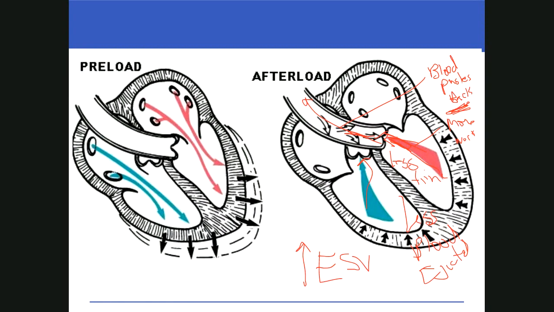What's the equation for stroke volume? Stroke volume equals what? EDV minus ESV. So what happens if the number gets bigger? What happens to stroke volume?